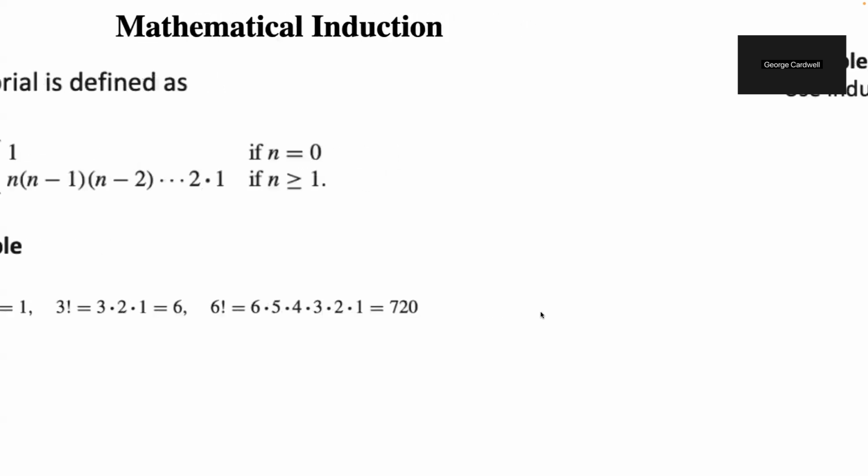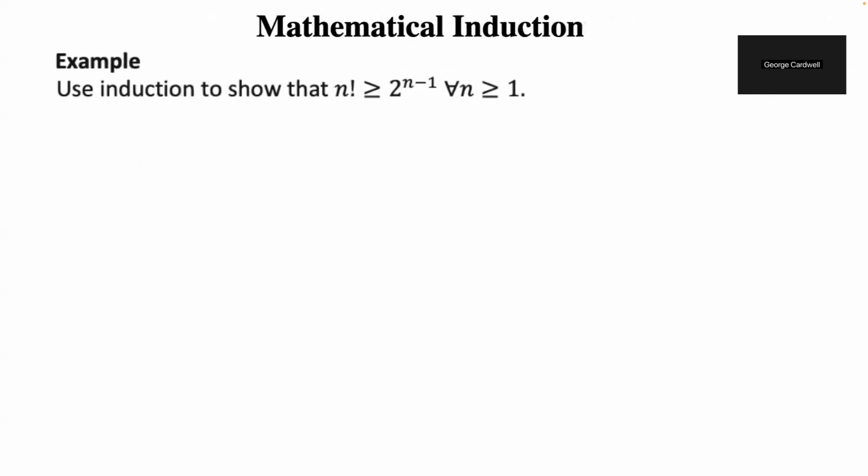Now that we've defined what n factorial is, we're going to use mathematical induction to show that n factorial is greater than or equal to 2 to the n minus 1 for all n greater than or equal to 1. Our basis step will be to set n equal 1.